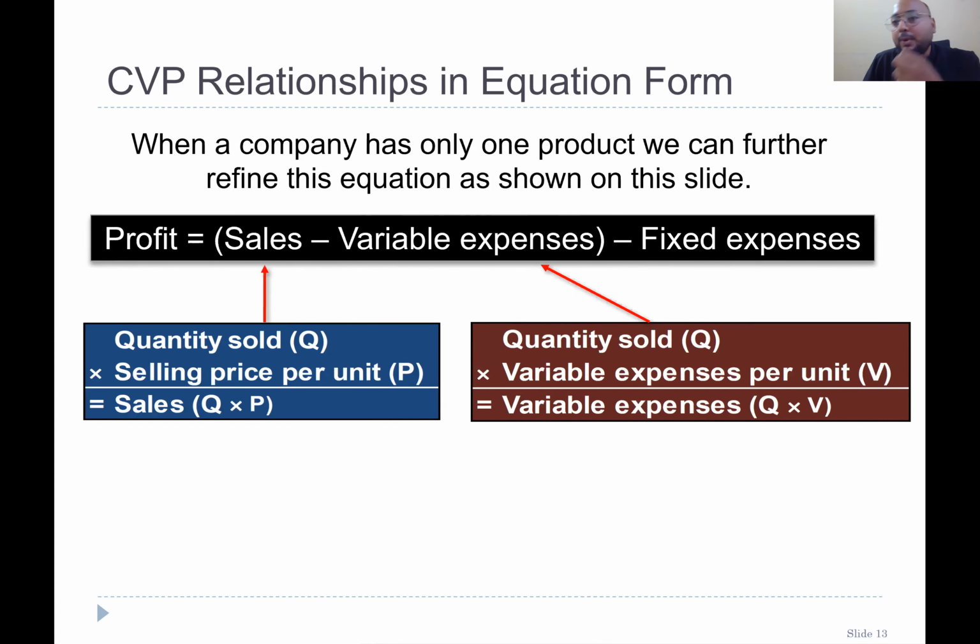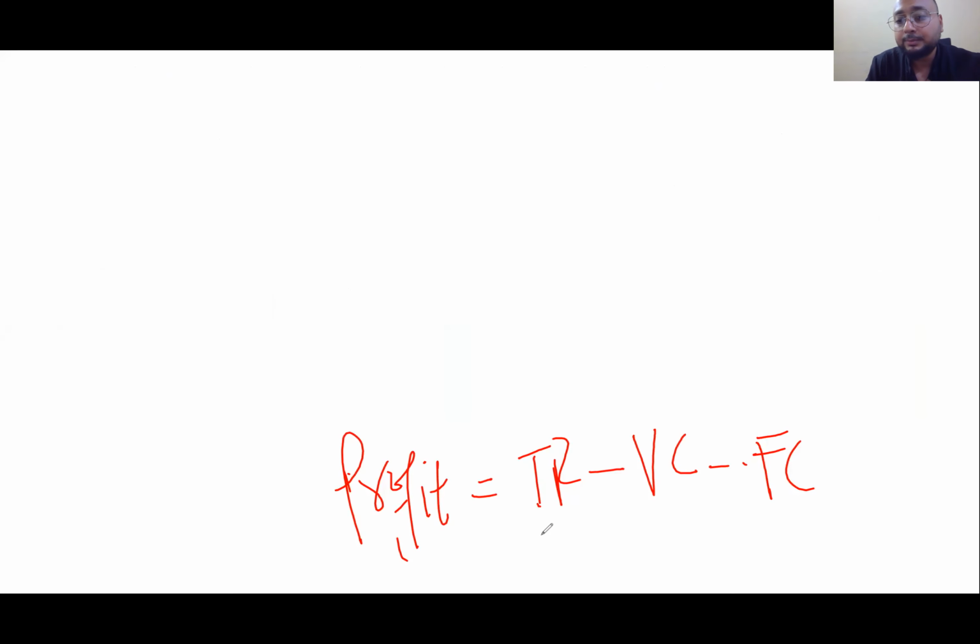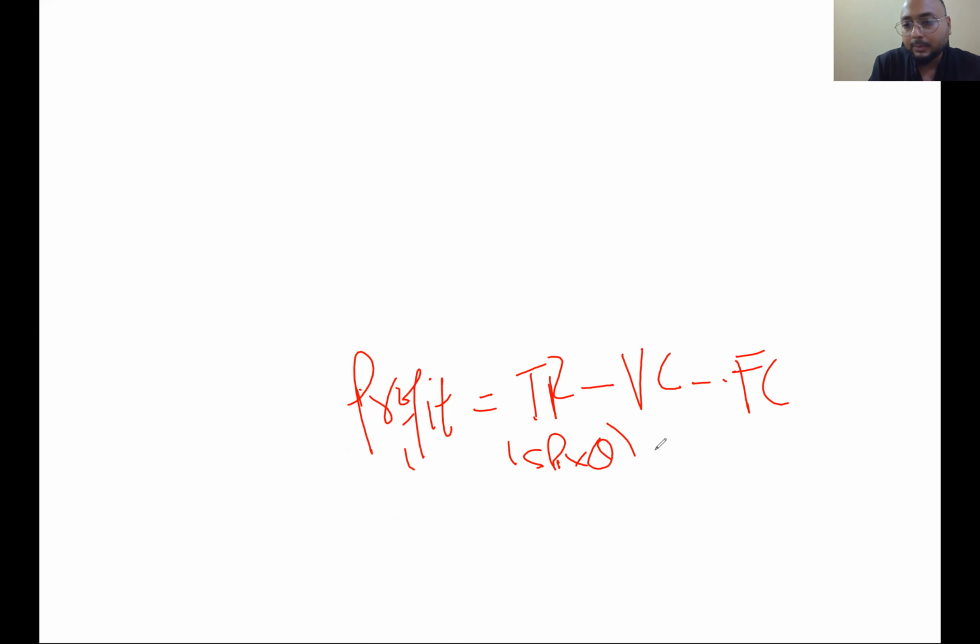Now let's convert this into per unit basis. So we know that total revenue is equal to sale price multiplied by the quantity, minus variable cost per unit multiplied by quantity, which is the total variable cost, and the total fixed cost.